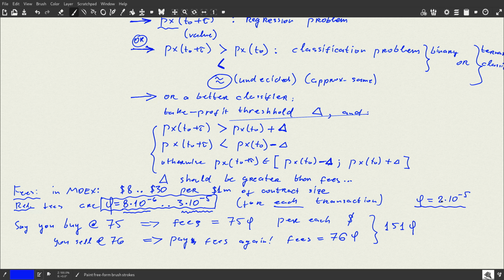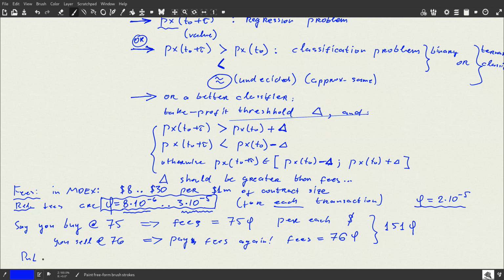You can get 8 10 to minus 6 only if you are a very, very professional institution. In this case, your fees are your P&L.